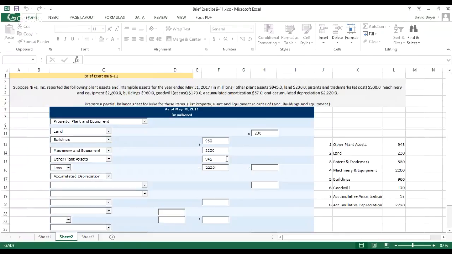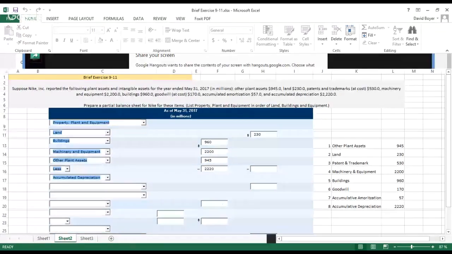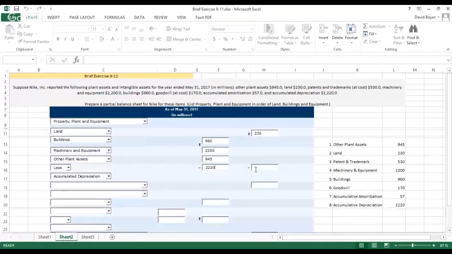So we know it's 2,220, our accumulated depreciation. Now we add these three together, and it was 4,105. Now we subtract our 2,220, which will give us 1,885.